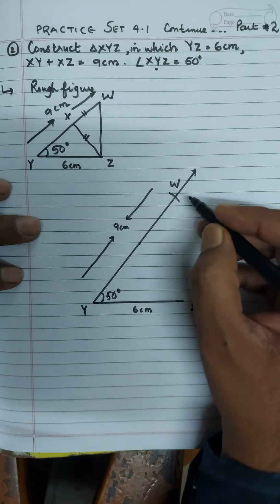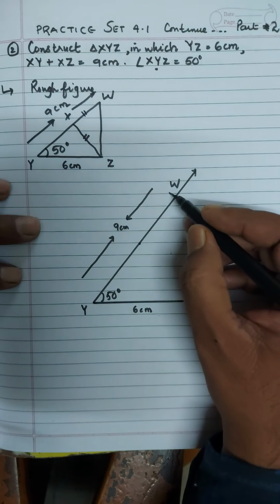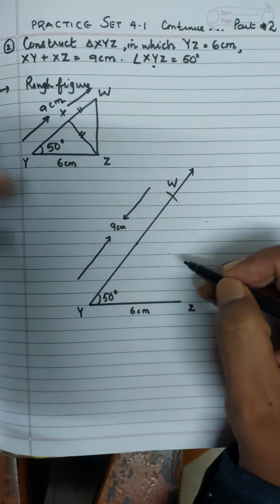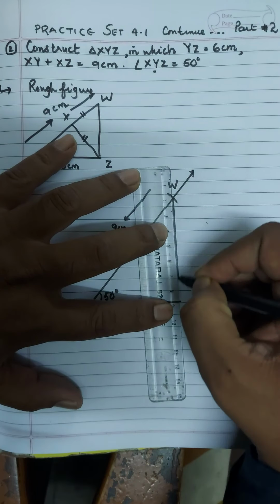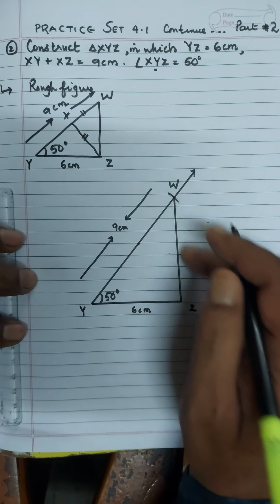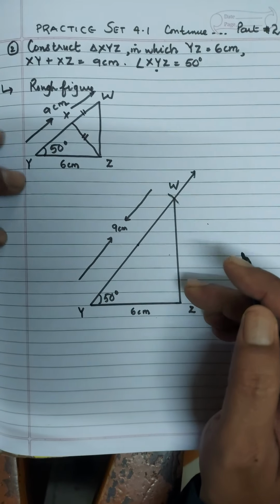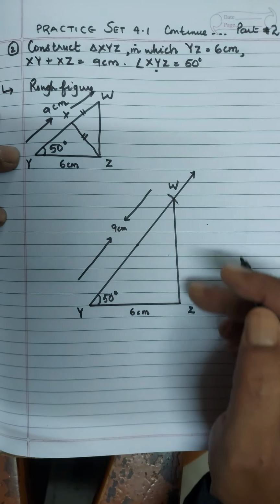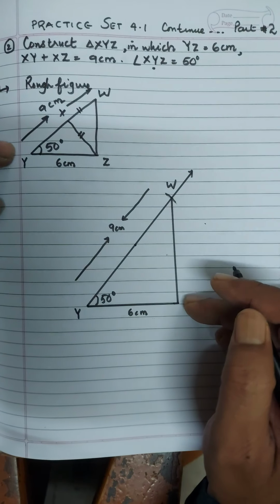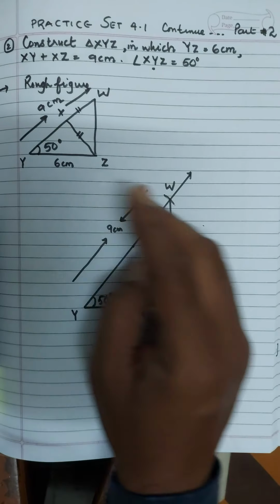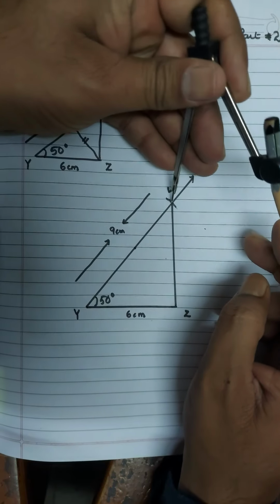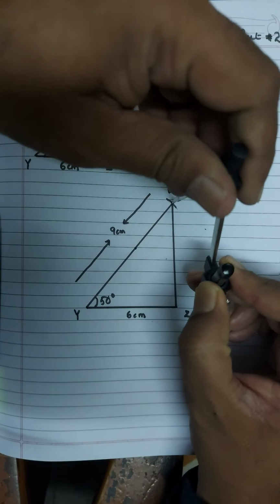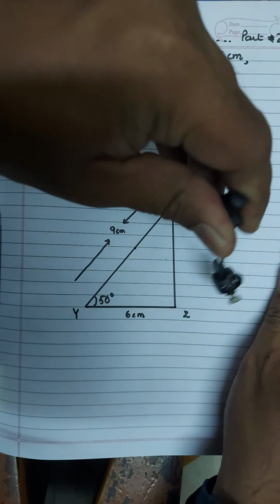After that, we need to join W and Z. Now we need to draw a perpendicular bisector of WZ. In the previous question, how did we draw the perpendicular bisector? By taking more than half.